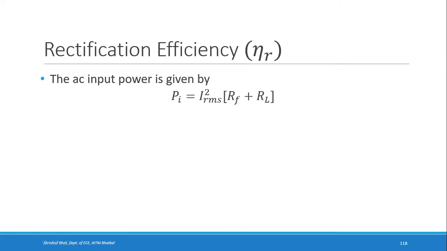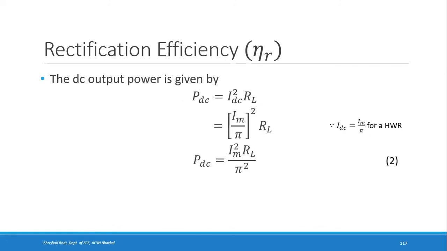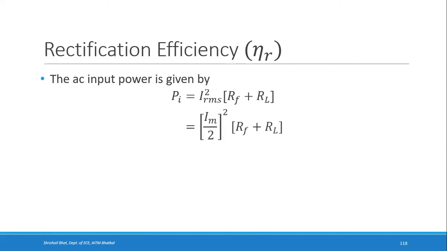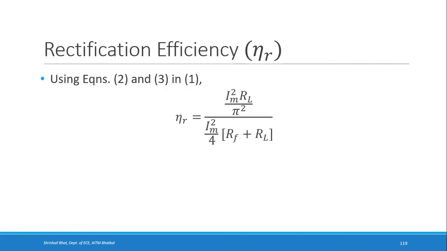So we have seen PDC is Im square RL by pi square, and PI is Im square by 4 into RF plus RL. If I substitute these in the equation for efficiency, I get PDC by PI. PDC is Im square into RL divided by pi square, and PI is Im square by 4 into RF plus RL. You can cancel Im square, which is there in both the numerator as well as the denominator. Then what remains?